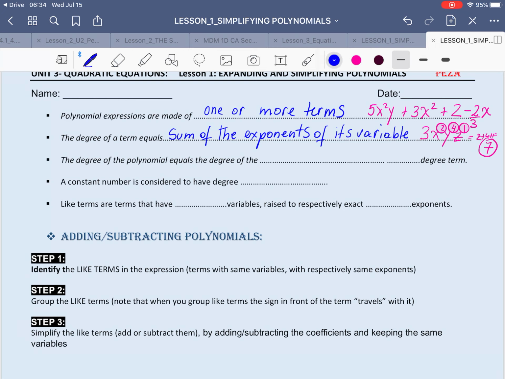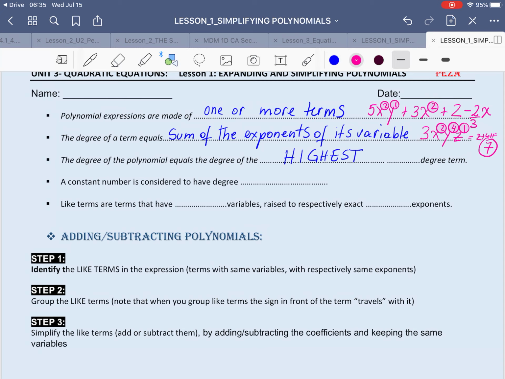Now, the degree of a polynomial equals the degree of the highest degree term. What does that mean? If you look at this polynomial expression that we have here, well, the degree of the first term will be 3, and that's because we have a power of 2 plus 1. The degree of the second term is 2.